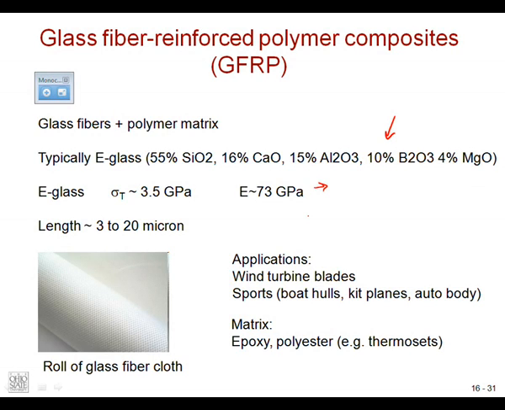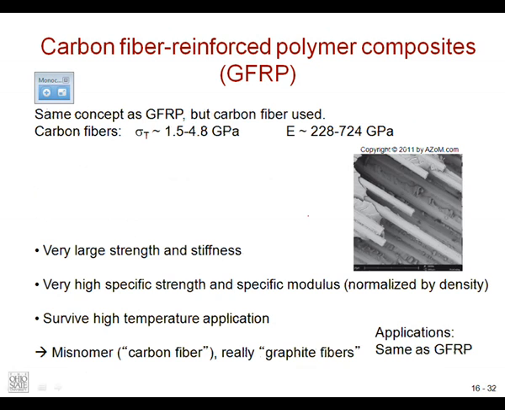And then we'll use thermosets in the matrix. These are not as great of properties as a carbon fiber, but they're used a lot more. So again, like in the boats, you see the fiber composite sport boats and things like that.